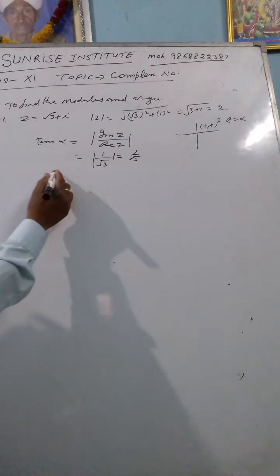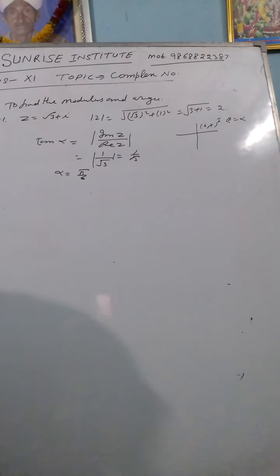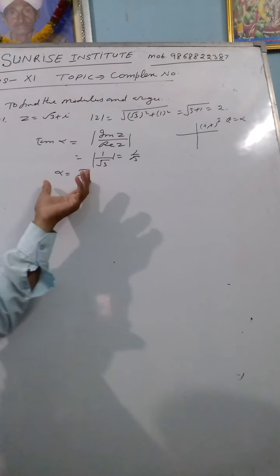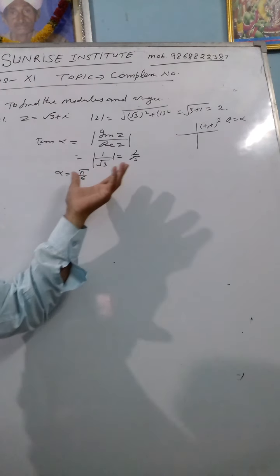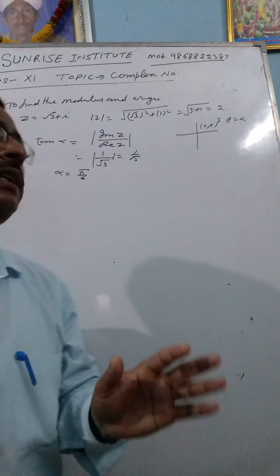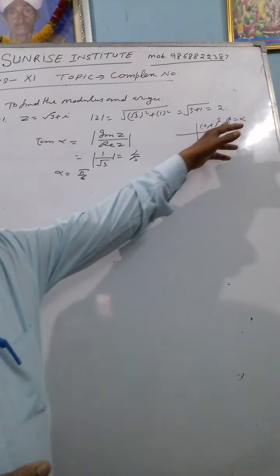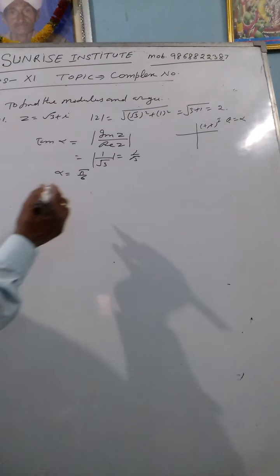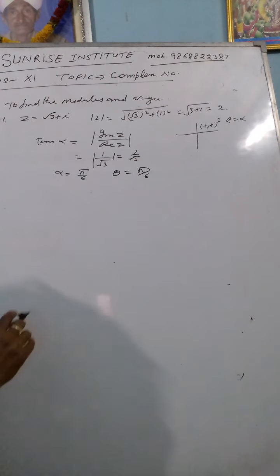Then alpha equal to pi by 6, because tan 60 is root 3 and tan 30 is 1 by root 3. Okay students, then alpha equal to pi by 6, both are positive, so it lies in the first quadrant, then theta equal to alpha. So student, theta equal to pi by 6, that is the argument.